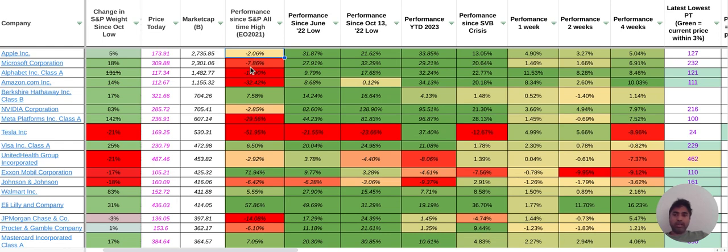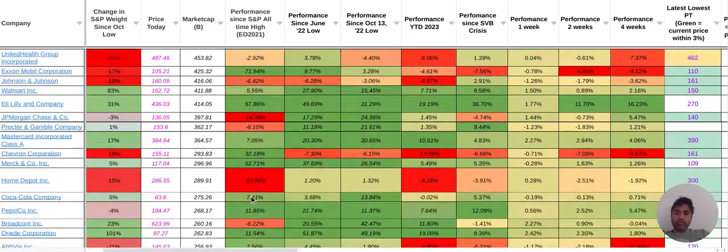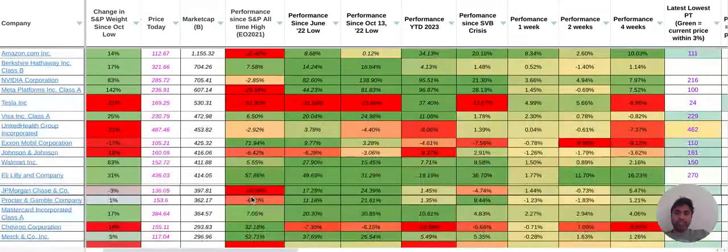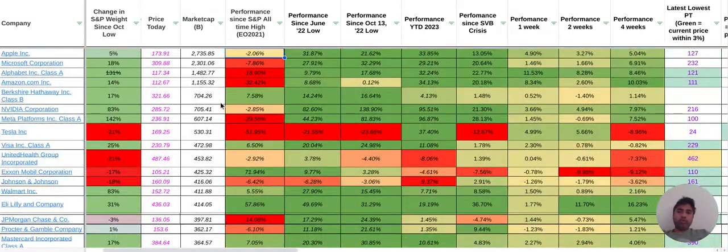If your stock is down 5% or more, it gets a red color. If its performance is more than 5%, it starts to get a greenish tinge. The higher the performance, the greener the color; the lower the performance, the redder the color. This is the color code for all these performance columns.